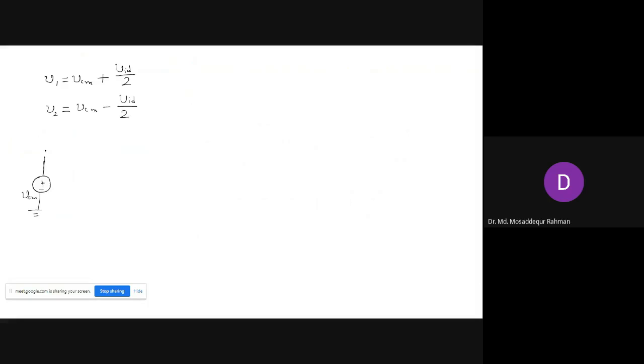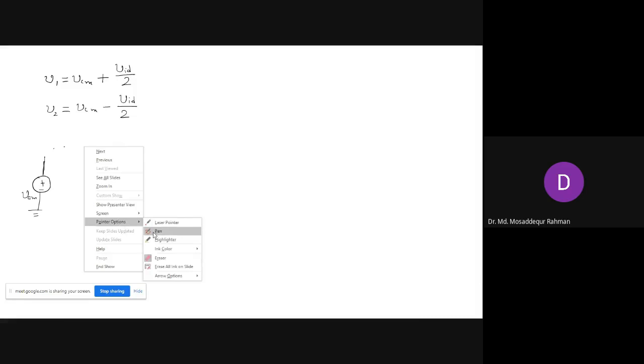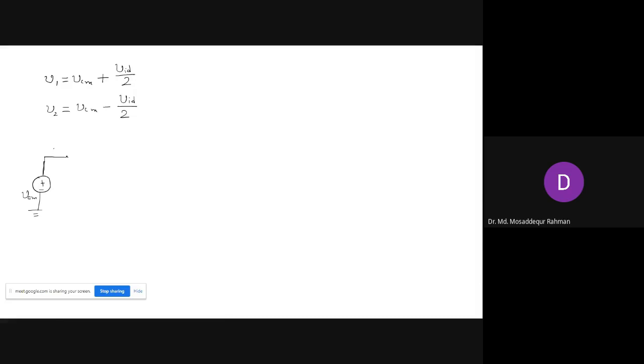And then, branching out, we have two input terminals, one for V1 and one for V2.